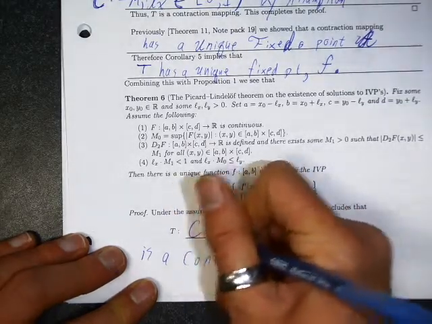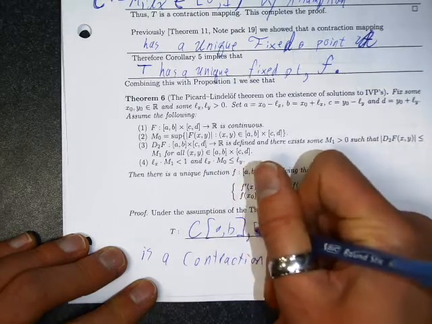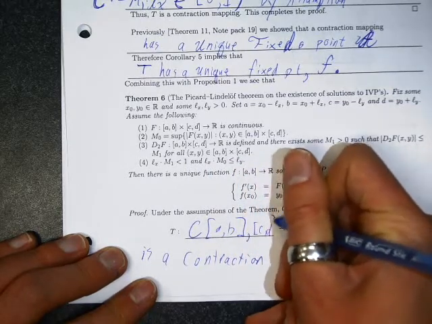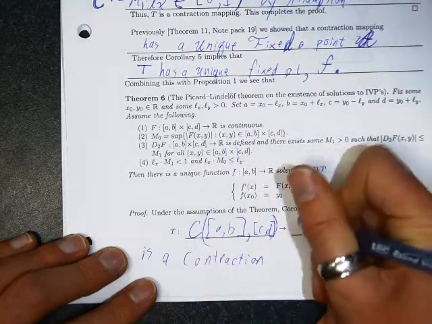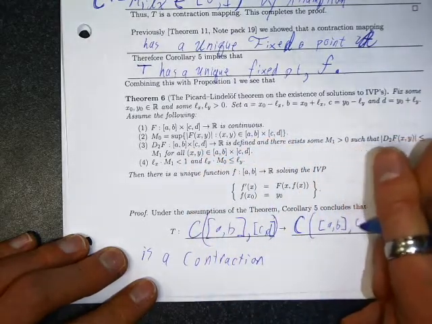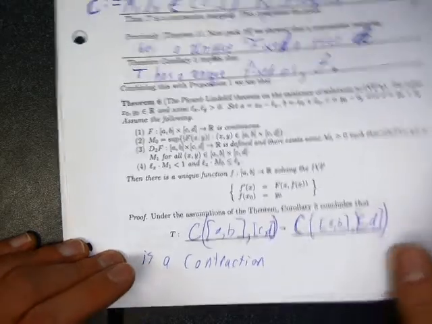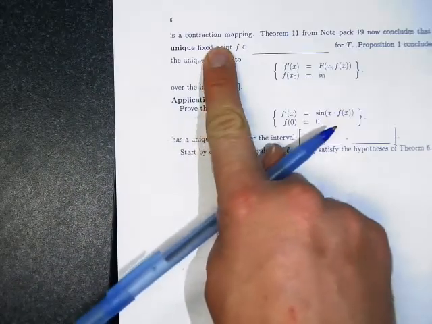And moreover, T maps C of AB to C of CD, and that is a contraction. It's a contraction mapping. Okay, so that's written twice now.